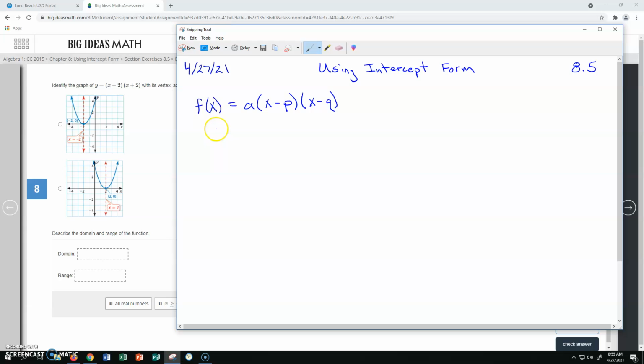So what I want to point out here before we go to some examples are the x-intercepts. First off, they are known as zeros.